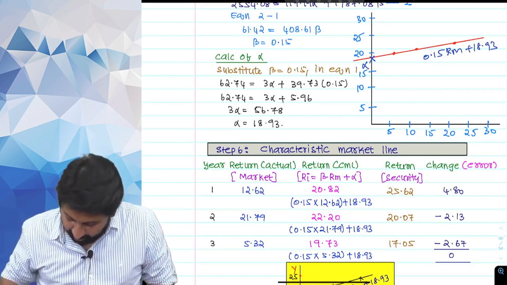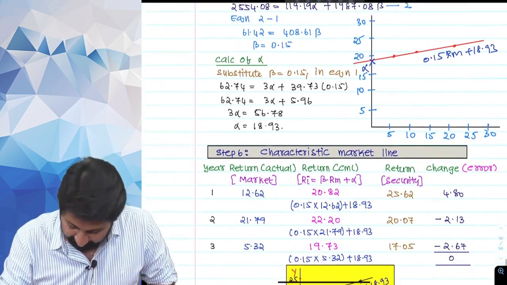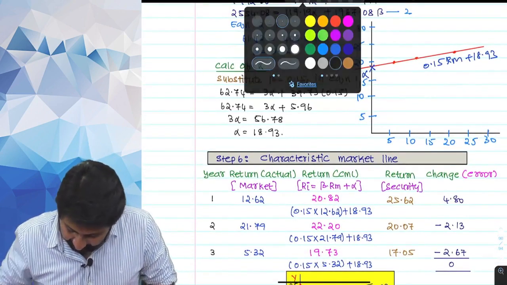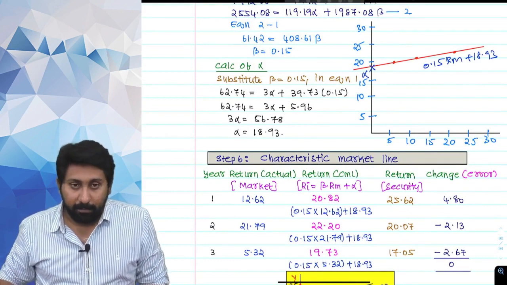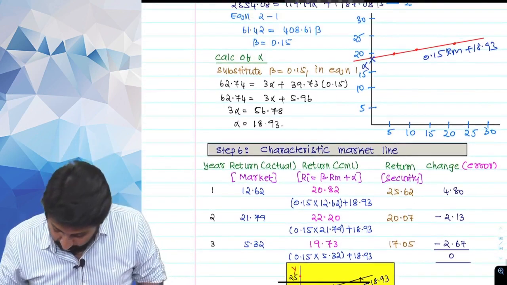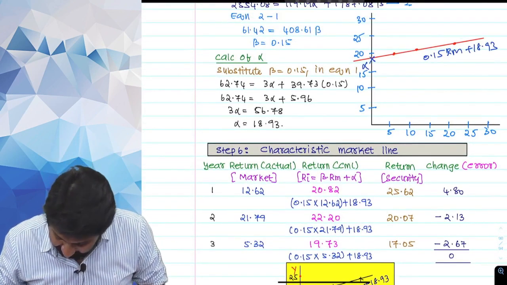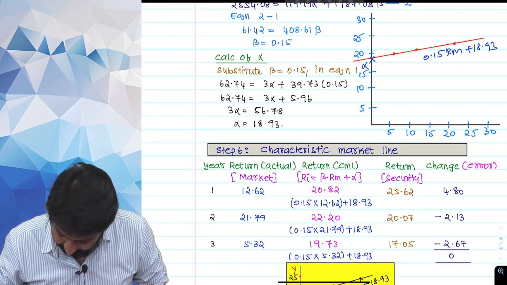Real returns, if you plot on a graph, how will they look? I am using a black pen. Listen. Market return is 12.62, but the actual return is 25.62.